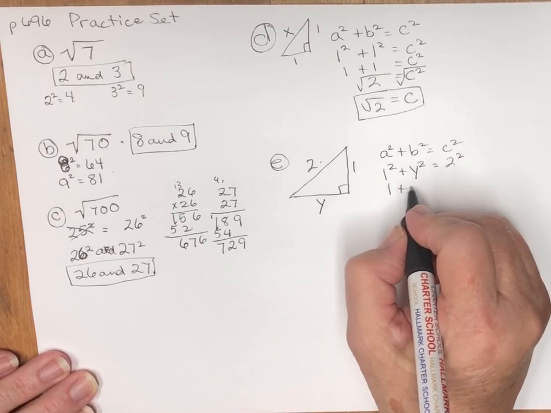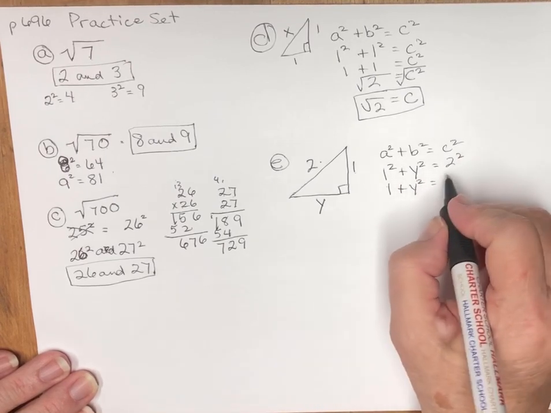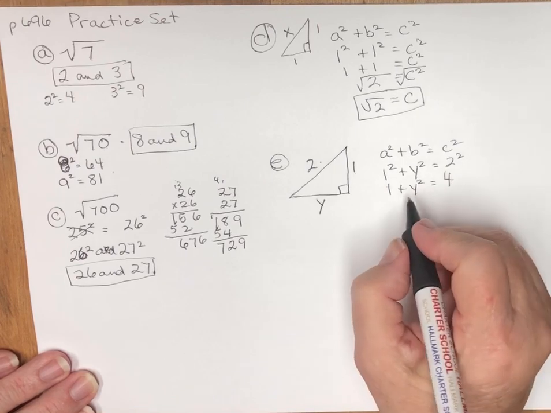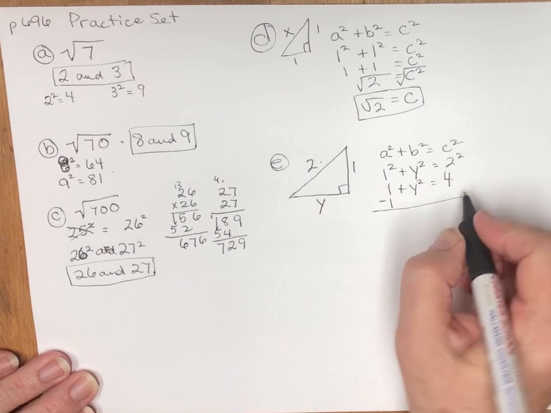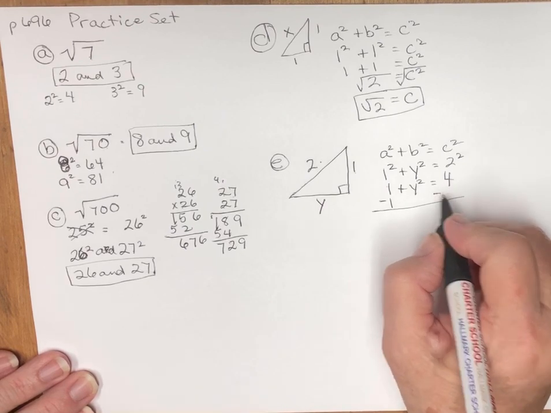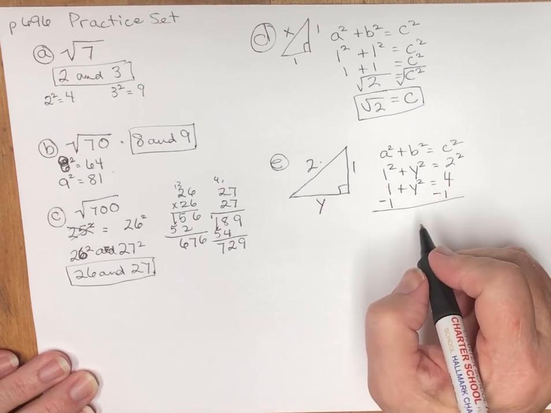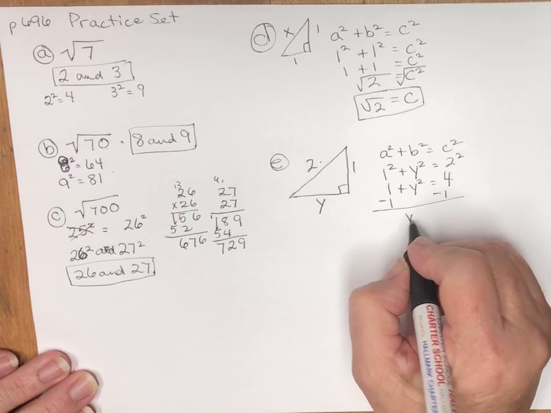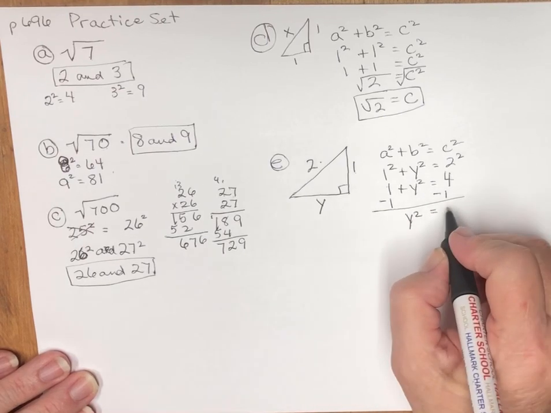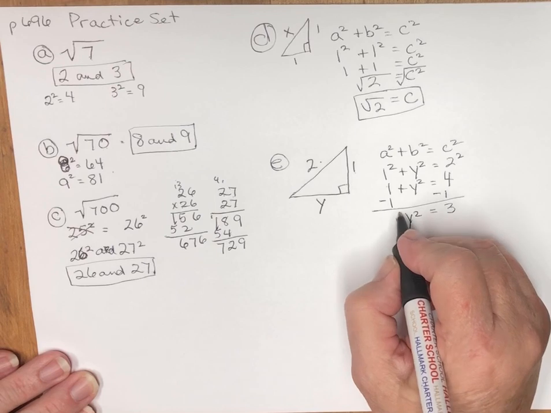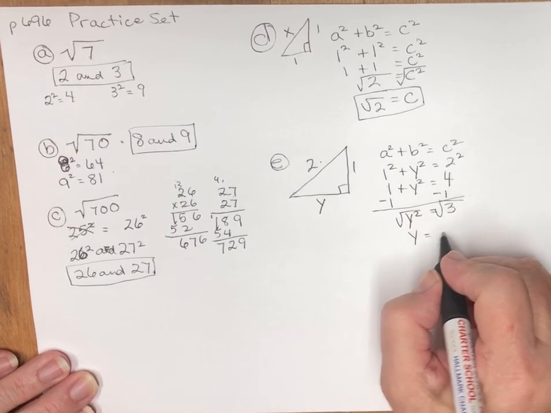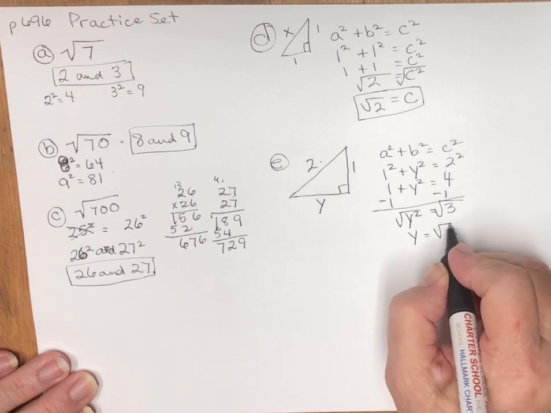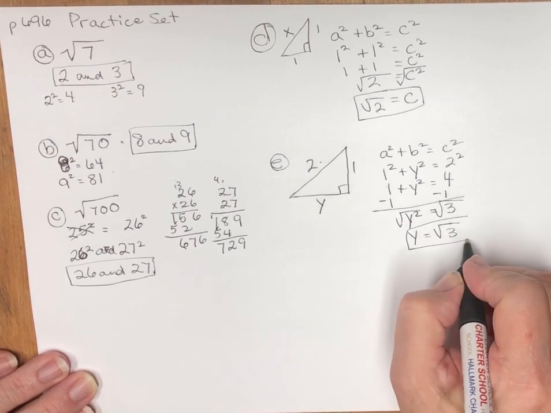So 1 plus y squared equals 4. We are going to subtract the 1 from this side because we want the y to be isolated, and we'll subtract the 1 from the other side. And now we have y squared equals 3. If I take the square root, y is going to equal the square root of 3. And there is my answer for E.